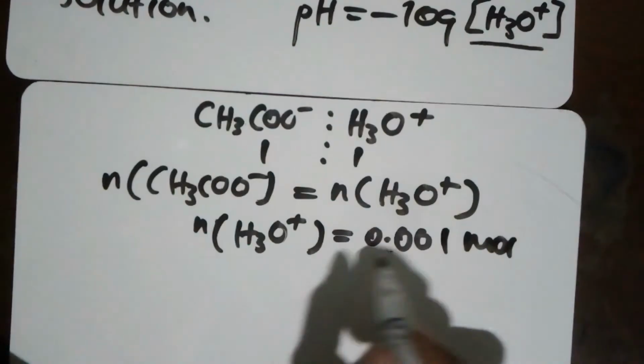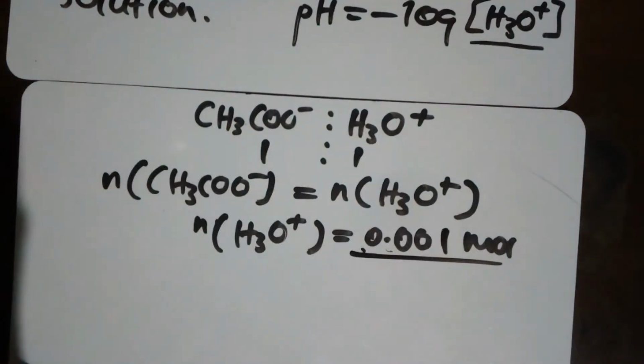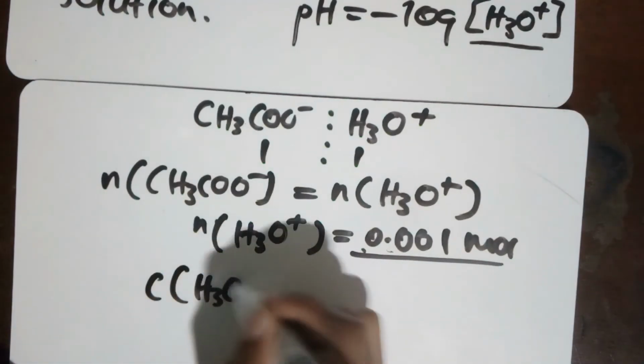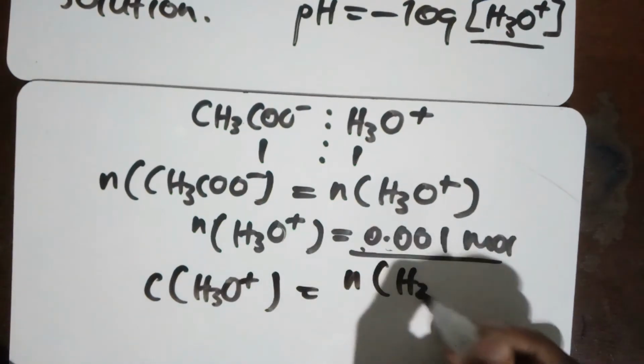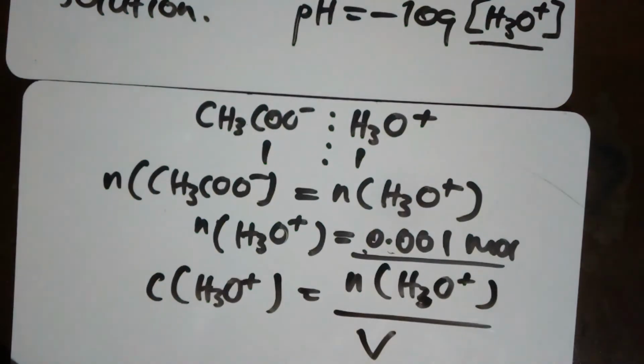So now we know the number of moles. We can calculate the concentration using this equation, where the concentration of the hydronium ions is nothing but the number of moles divided by the volume, right?